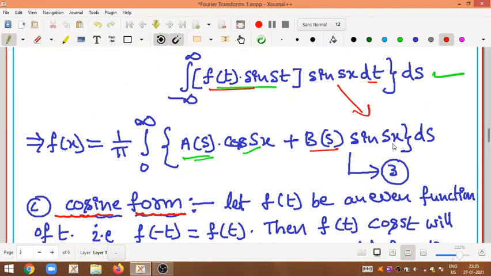Call this equation 3. That means this is form 3.